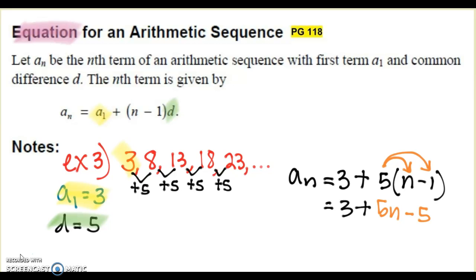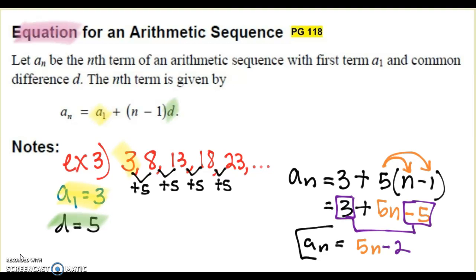And now I want to combine like terms. So this 3 is like the minus 5. And if I get those together, that's going to be negative 2 or minus 2. And then I can bring down my 5n. So the equation that represents this sequence is 5n minus 2.